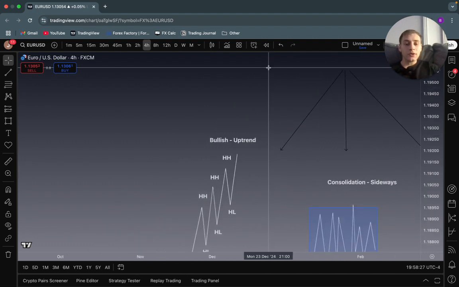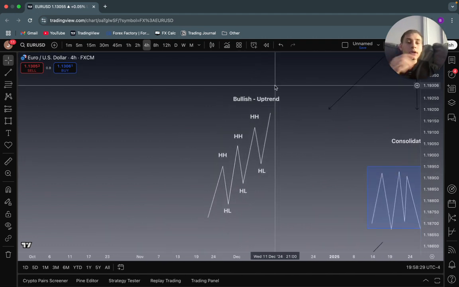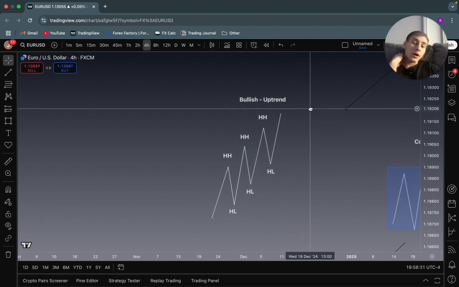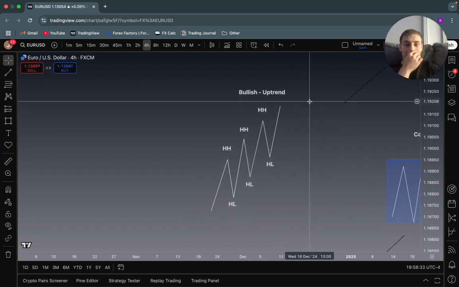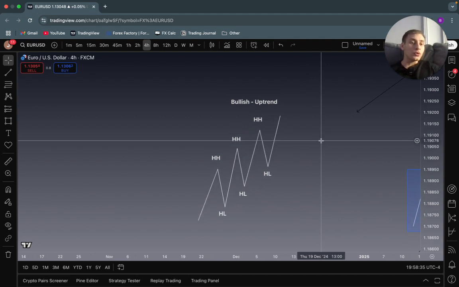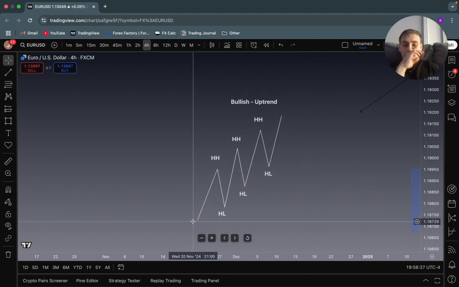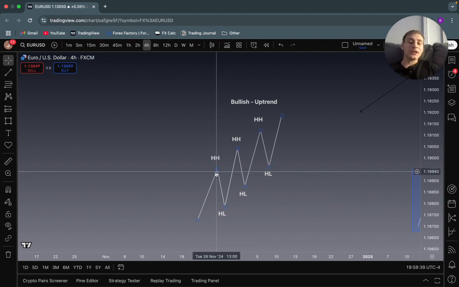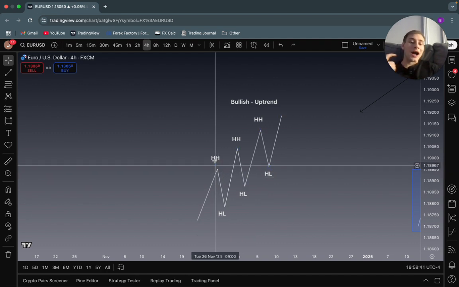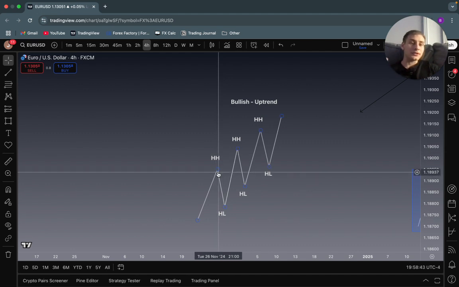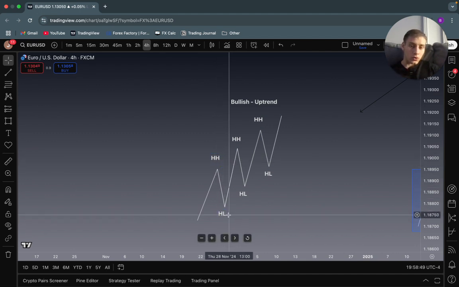And so if we start over here with the market in an uptrend, meaning going to the top side, this is how the market moves to the top side. It starts off over here, right? So essentially this top point, you call it a higher high, since that's what it is. Price is moving, it's a higher high. And then the market will pull back and create a higher low.